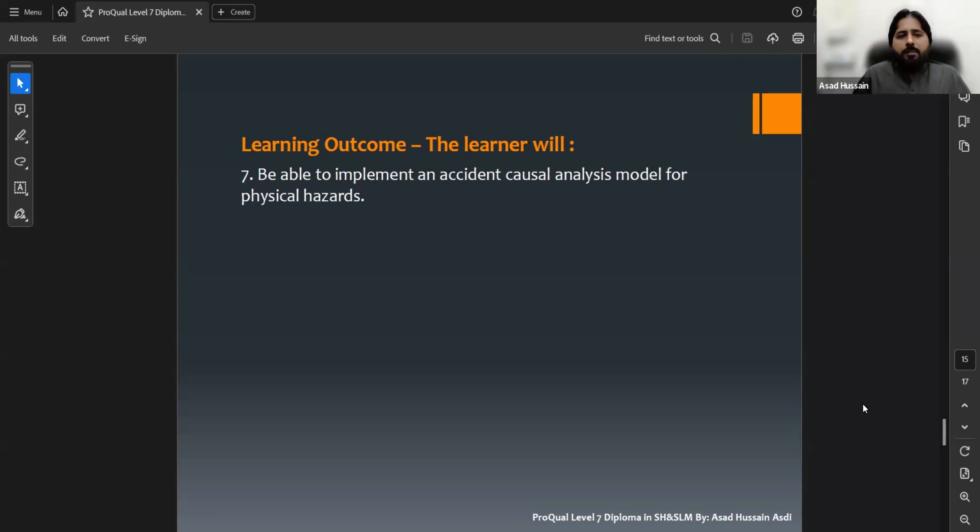So, be able to implement an accident causal analysis model for physical hazards. It is about implementing an accident causal analysis model, and how you can use accident causal analysis for physical hazards.